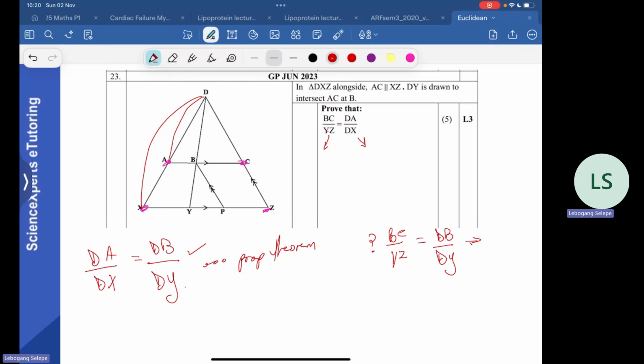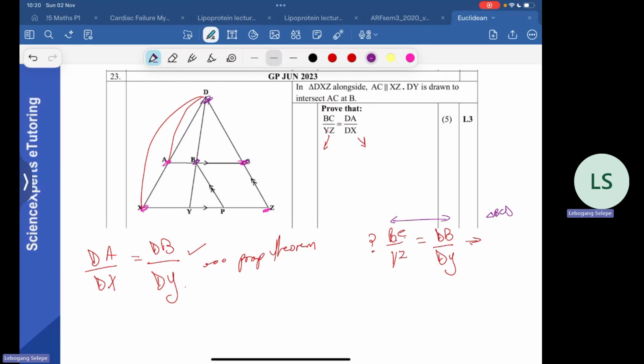So let's try and locate triangles that we're going to use to prove that. You can see BCD, going this way, the letters BCD. Is BCD a triangle? Yes, BCD is a triangle. So triangle BCD is one of them that we're going to use.